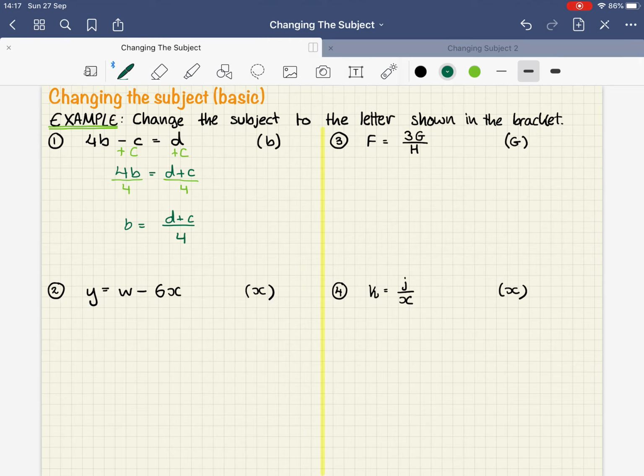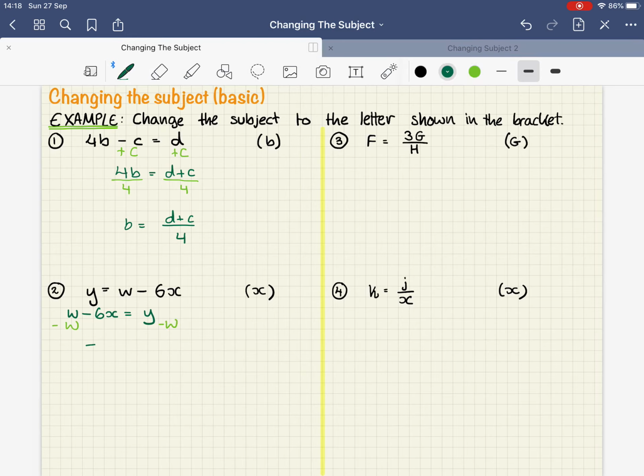Okay, so looking at question 2, I want to make x my subject. Start off with what is kind of called a common sense line, where I'm just going to swap it around, because mathematically, it just makes it a little bit nicer at the end. So first I need to get rid of that w, so I take away w on both sides.